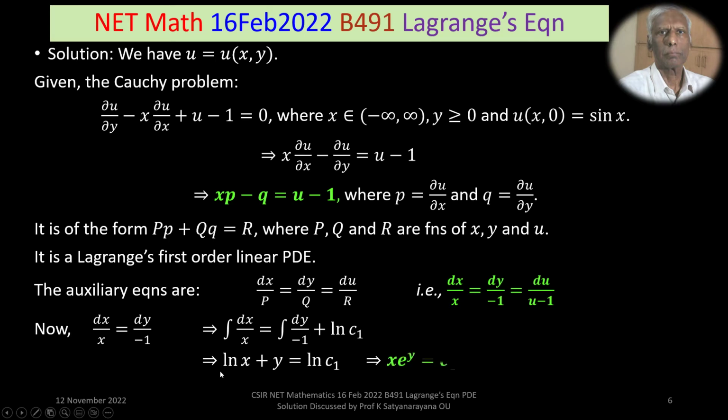That will give rise to ln x plus y, with the integral of dy by minus 1 brought to the left hand side and integrated. ln x plus y is equal to ln c1, and taking out the ln's, we will get c1 is equal to x e power y. That's equation 1 and a solution of the Lagrange's first order linear partial differential equation.